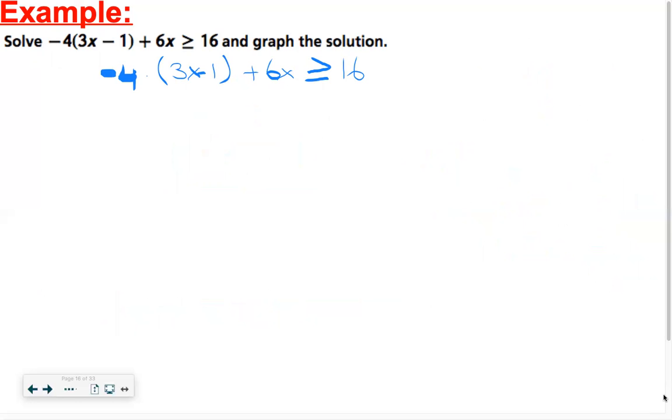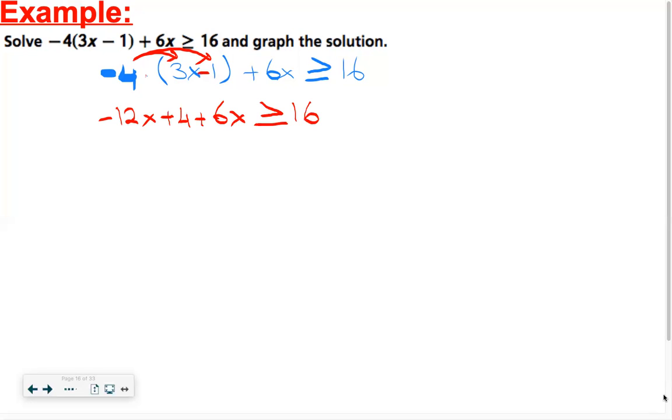How? By using the distributive property. Let's distribute −4 into the parentheses. −4 times 3x will be −12x. −4 times −1 is going to be +4, plus 6x ≥ 16.